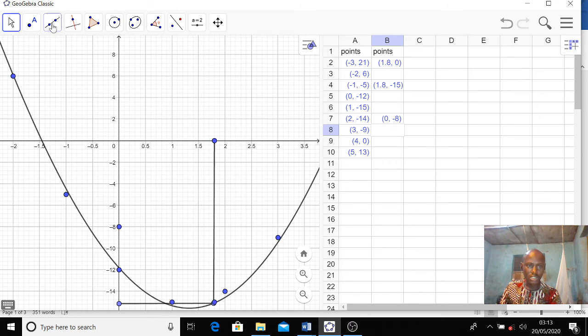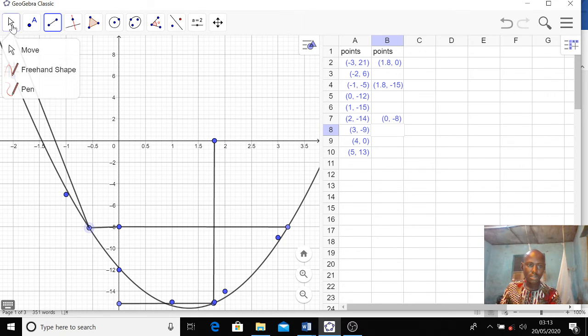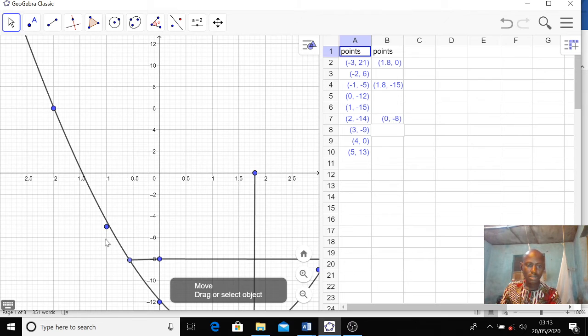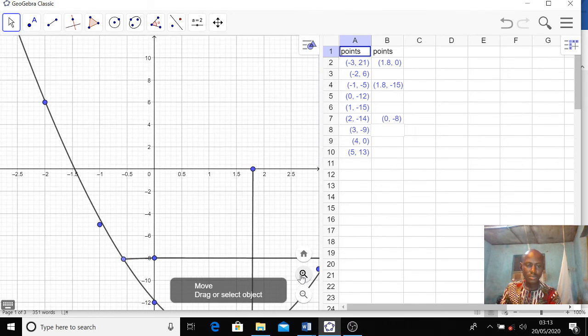So we are going to sketch it. We are moving to this side. We mark it. To this side also, we mark it. Okay, let's zoom it.